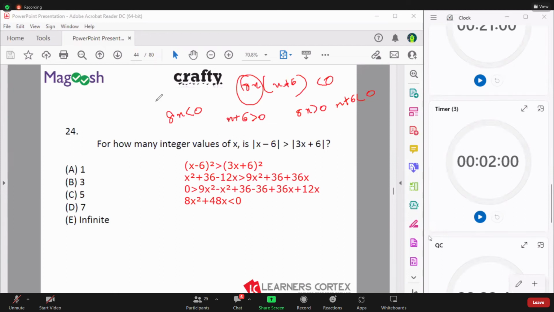Now if you solve, if 8x is less than 0, this gives you that x is less than 0. This is one scenario. If x is less than 0 and greater than minus 6, or sorry, equal to as well? Can anyone tell me why it will be equal to?